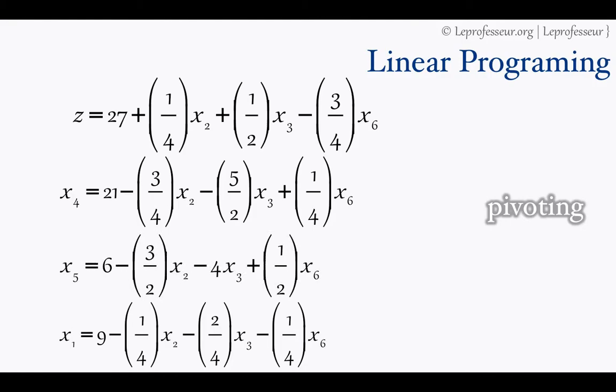As you can see here, in the original equation of the objective function, we had x1, x2, x3 all with positive coefficients. That means if we keep increasing the value of x2 or x3, the value of the objective function would keep increasing. But now having a negative coefficient here means that we cannot increase the value of x6. If we increase the value of x6, it will lower the value of our objective function. Okay, so you got the idea.